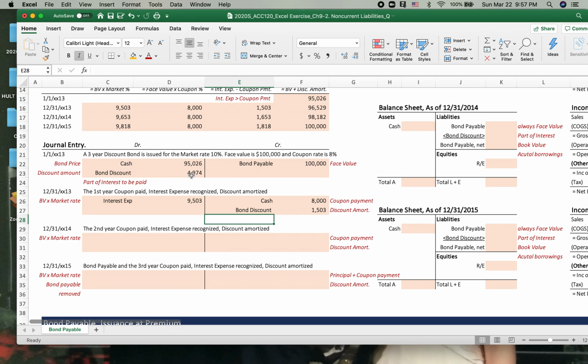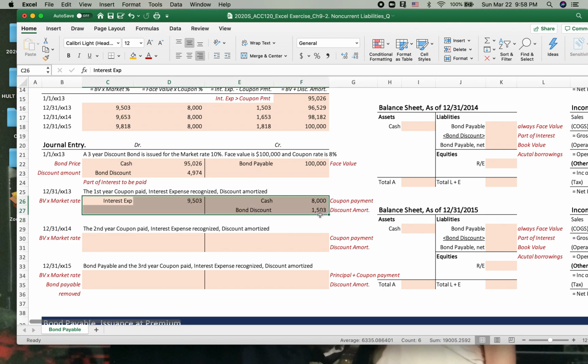Bond discount on the debit side means the bond payable is reduced by this bond discount. The bond discount is the contra account that reduces the bond payable, arriving at the net bond payable. But when this bond discount is reduced by the bond discount on the credit side, the net bond payable will be increased by the bond discount amortization.